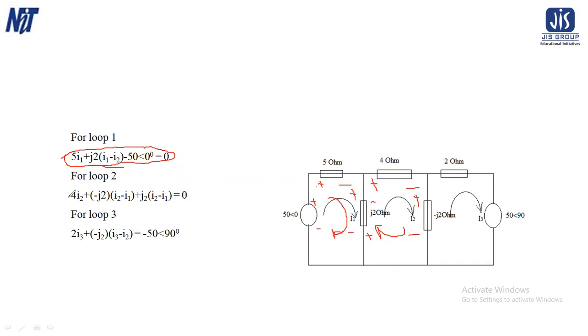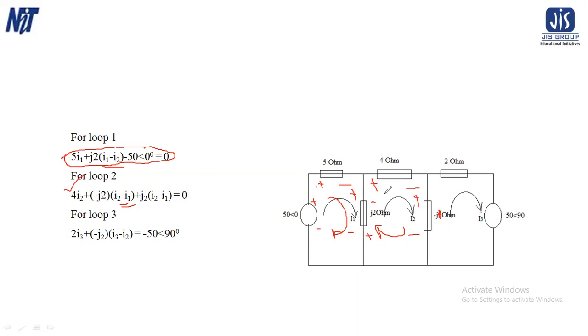So 4I2, minus J2 (I2 minus I3), minus J2 (I2 minus I3), then plus J2 (I2 minus I1) equals 0, and then minus J2 (I2 minus I1).